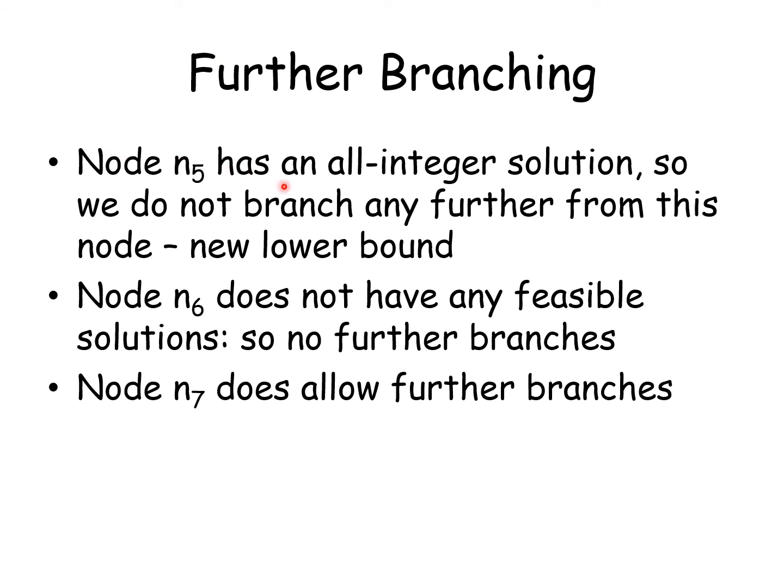Node N5 has all integer solutions, so we do not branch any further from this, as we just showed you. Node N6 is infeasible, and node N7 does not allow further branches.